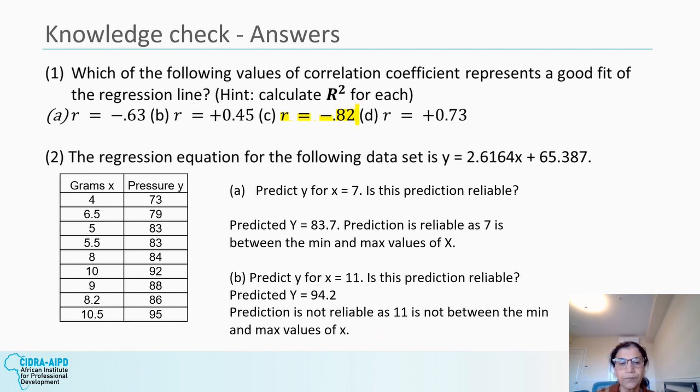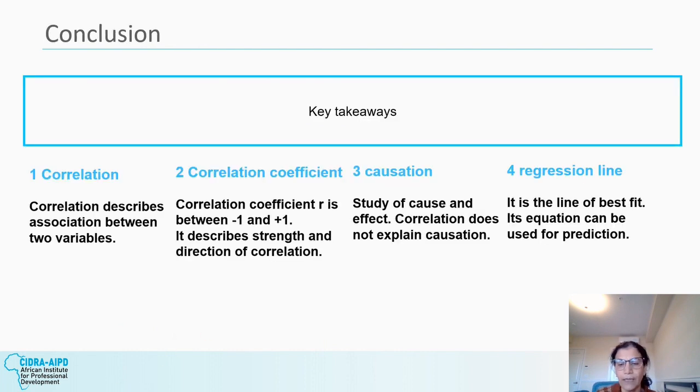So we come to the end of this lesson. Summarize by writing the key takeaways. Correlation describes association between two variables. Correlation coefficient R is between -1 and 1. Correlation coefficient describes strength and direction of correlation.